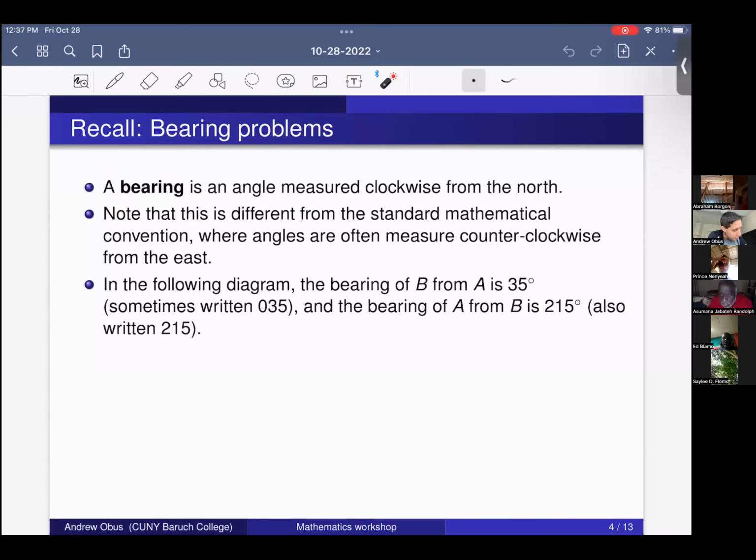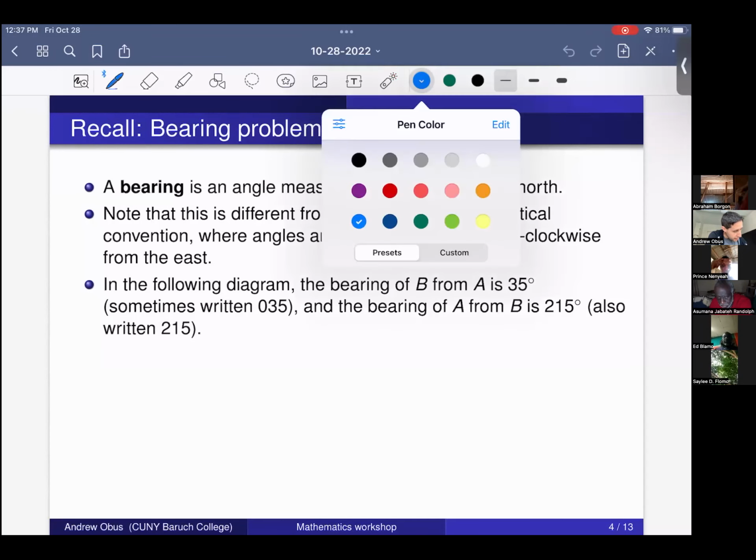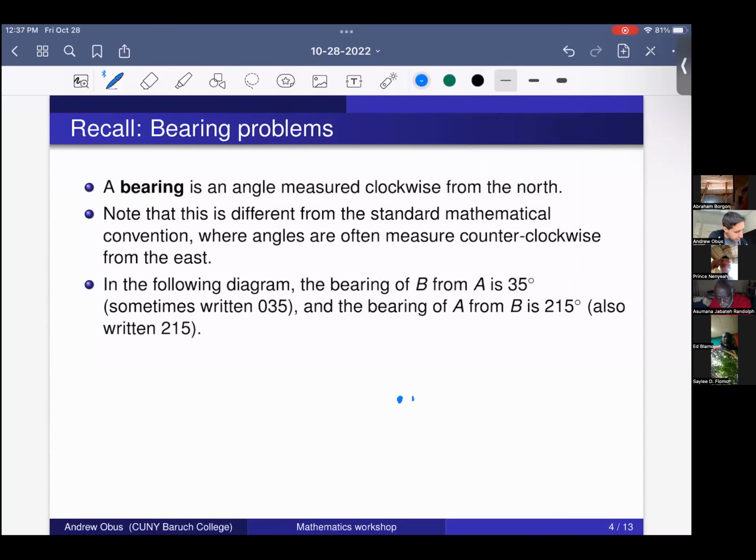And remember that we had this diagram last time. If I have two points, B and A, let me draw this a little better.